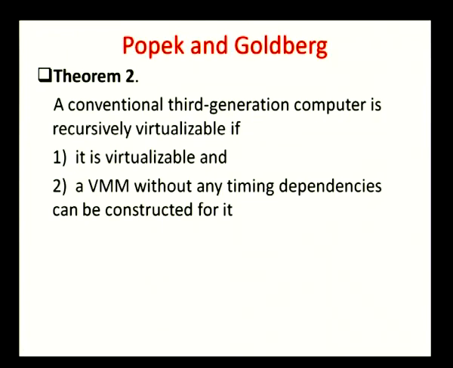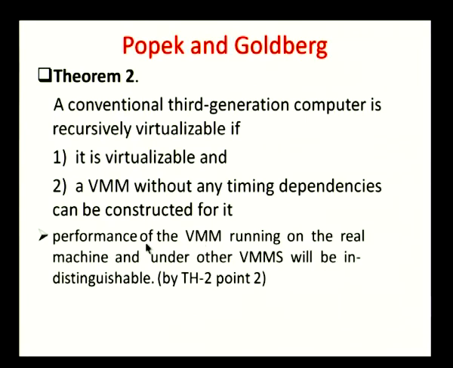Then the second theorem about virtualization is as follows: a conventional third generation computer is recursively virtualizable if it is virtualizable, and a VMM without any timing dependencies can be constructed for it. What is the meaning of this? The first condition is that it should be virtualizable. The second condition is a virtual machine monitor without any timing dependencies.